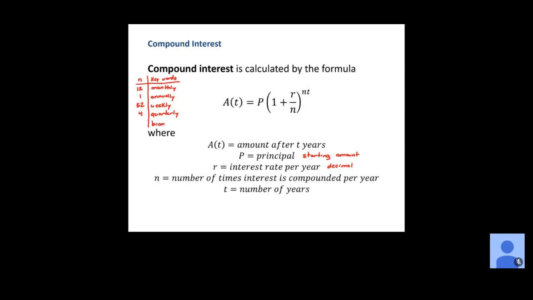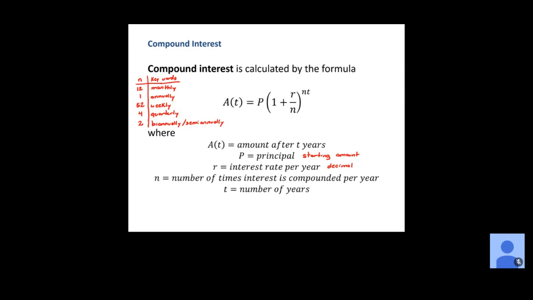And another way that you might see that is semi-annually. Those are going to mean the same thing in terms of keywords. Okay, so how many times per year would that be? Twice, right? Okay, so if you see either one of those keywords, semi-annually is the one the book uses most often. But if you see either one of those, okay, they both mean 2 times per year.